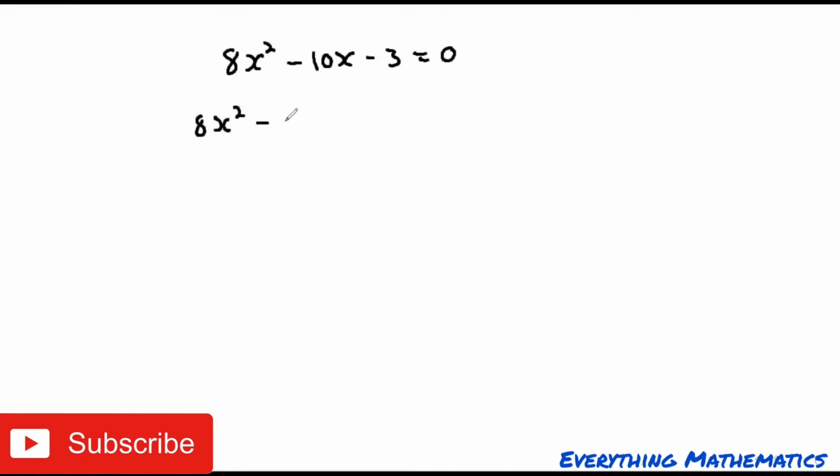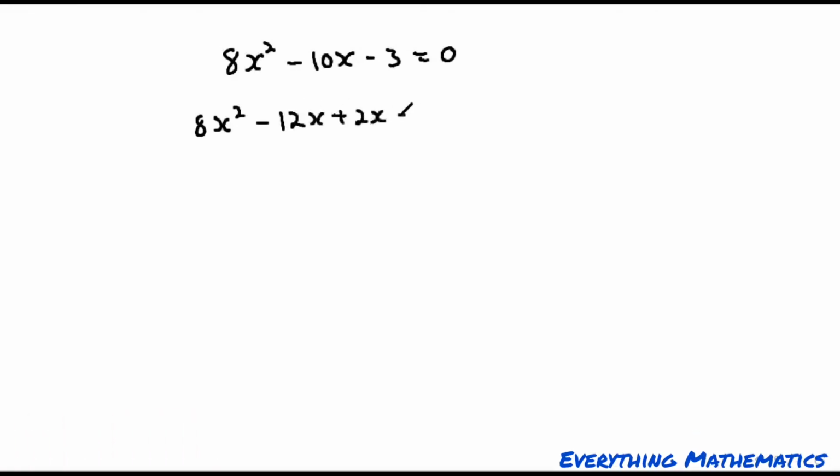8x squared minus 12x, yes, plus 2x minus 3 equals 0. Minus 12x plus 2x will give me back my 10x here. So I could accept that so far. Let's see what happens next.